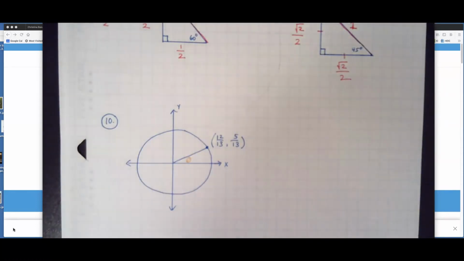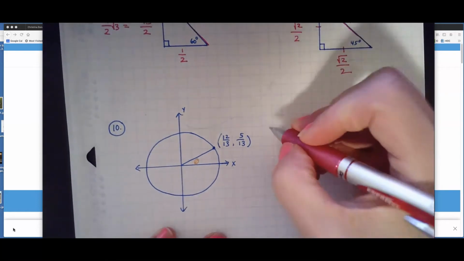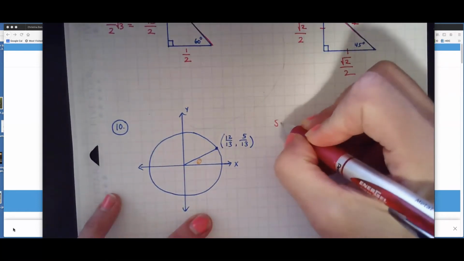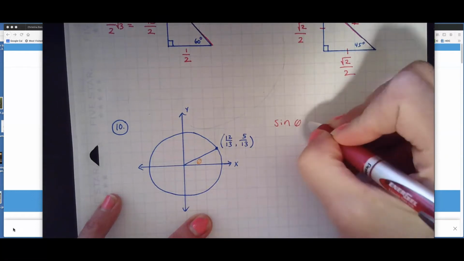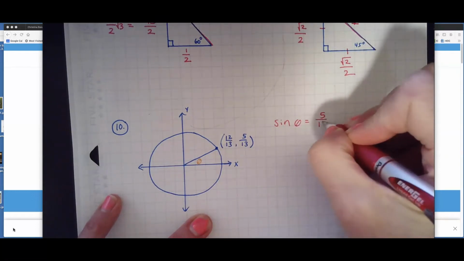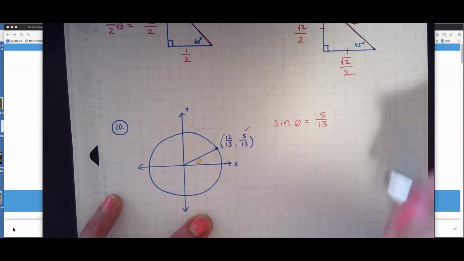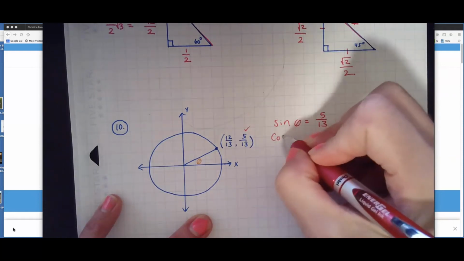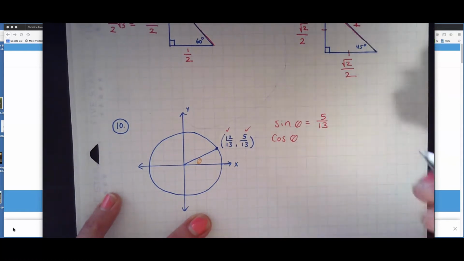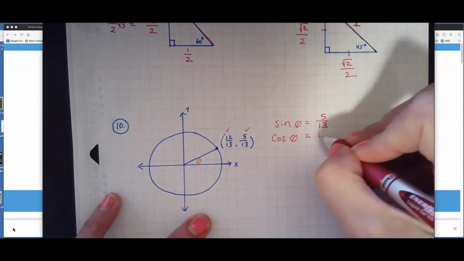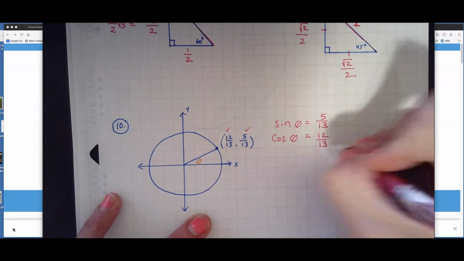So what are those 6? We know the basic ones, so let's go with sine. Sine is the y coordinate, so sine of theta is 5 over 13. Got that? Cosine of theta is the x coordinate of that point on the circle, which is 12 over 13, but then it gets a little harder.